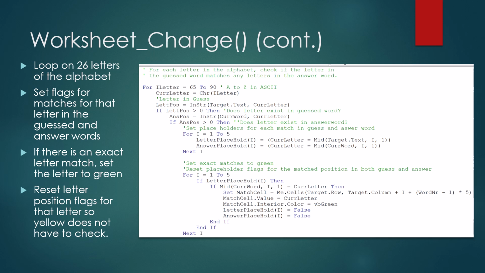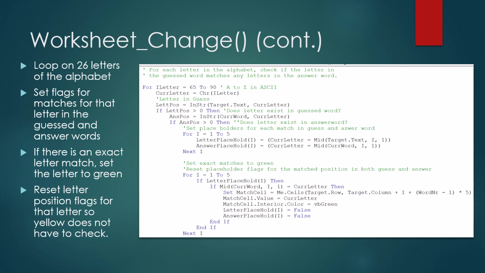So what I do with the next For block for I equals 1 to 5 is I use 2 binary arrays, one to indicate that this letter is in the guess word, and is this letter matching any of the letters that are in the answer letter.